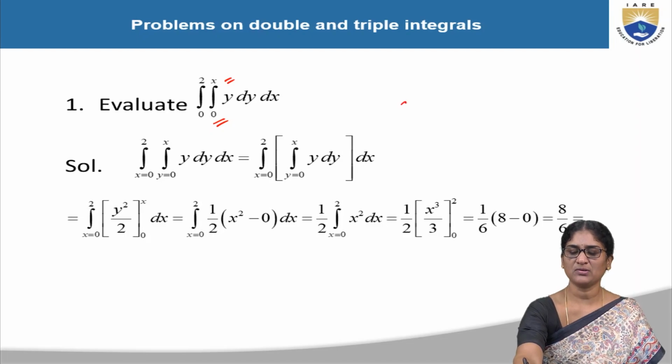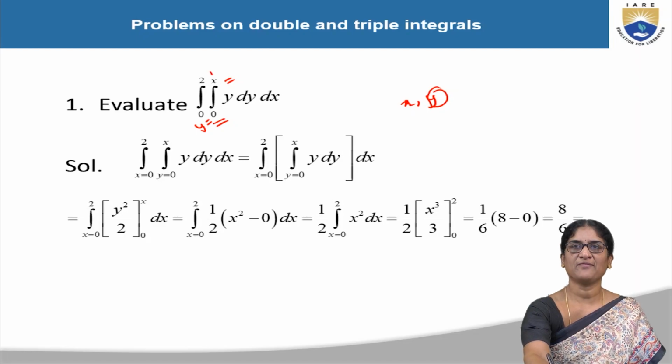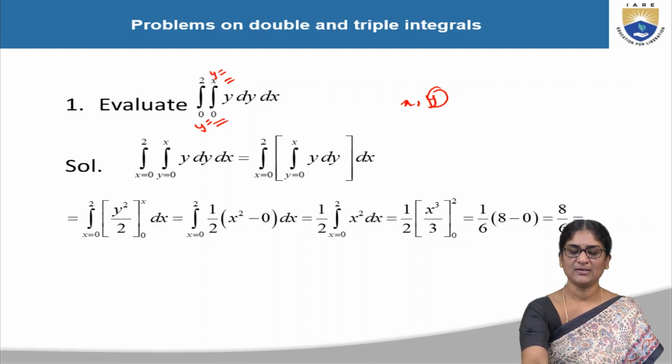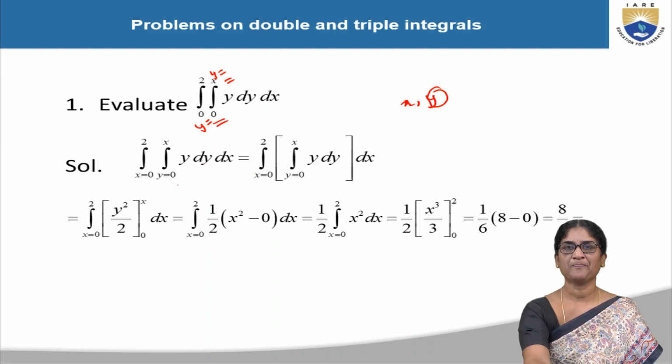That means among the two variables, the limits belong to y. So we take y from 0 to x. Now x will be eliminated, so we are going to have a single variable x from 0 to 2.